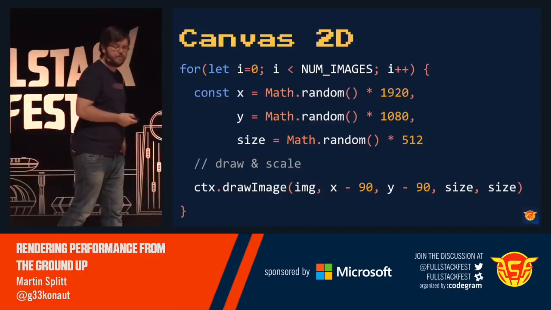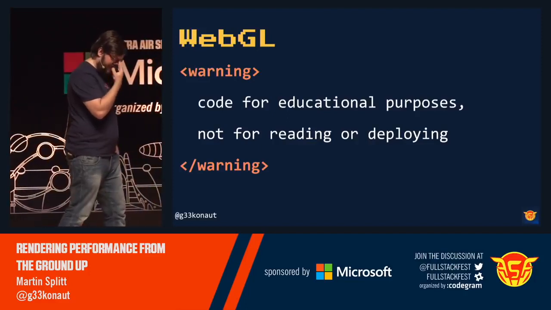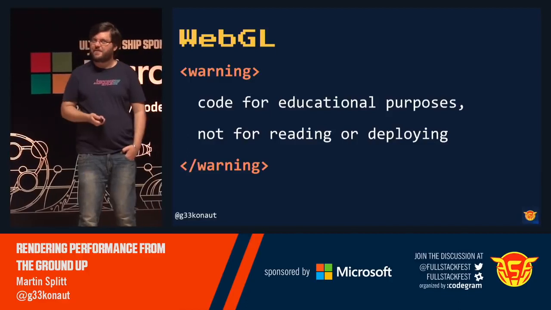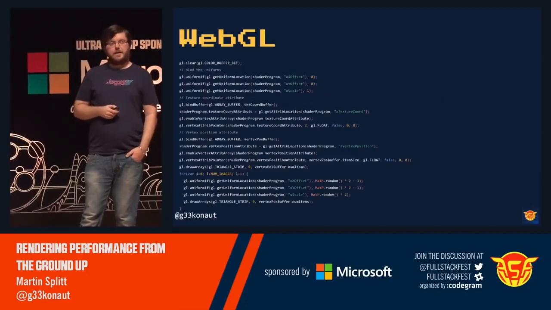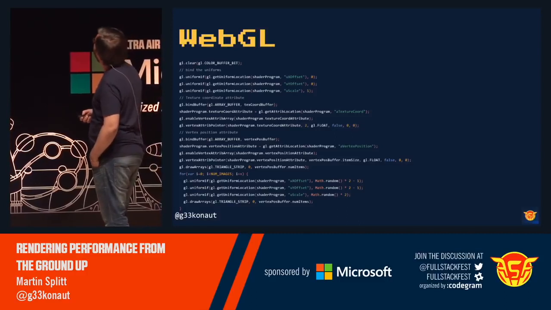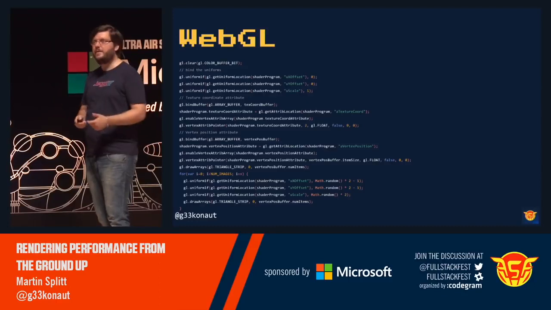Okay, let's see what WebGL looks like. For this, I have to warn you, you're not going to be able to read that code, but it's illustrating a characteristic of WebGL. This is the same thing in WebGL. It's leaving out the entire shader code and the setup code.